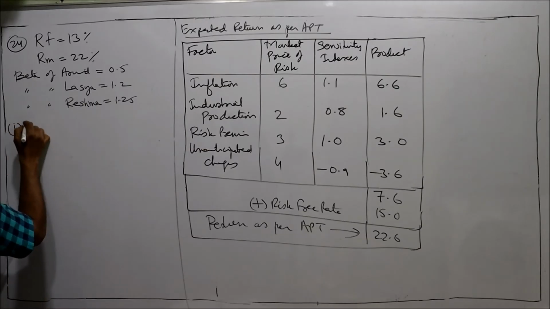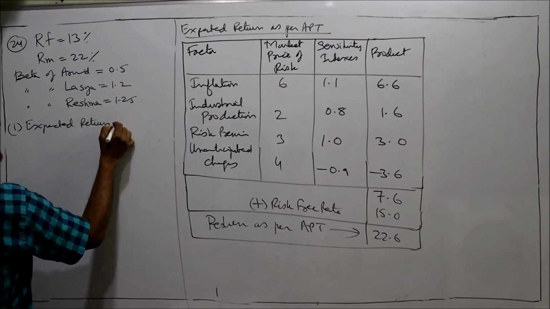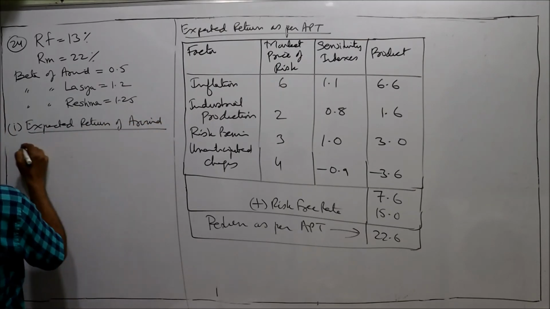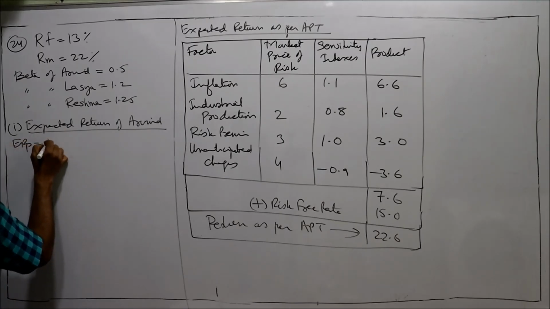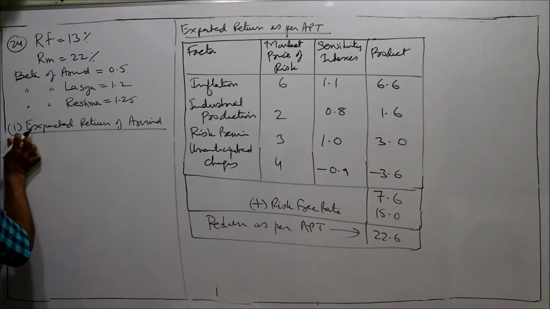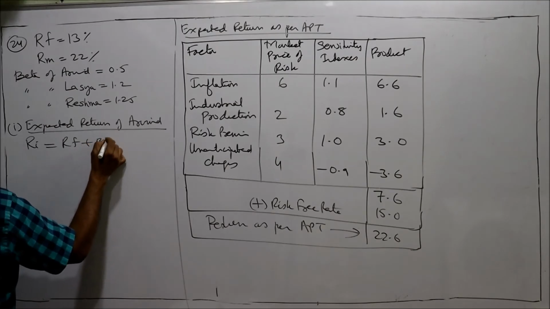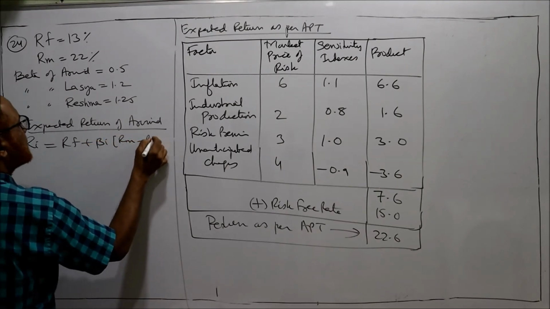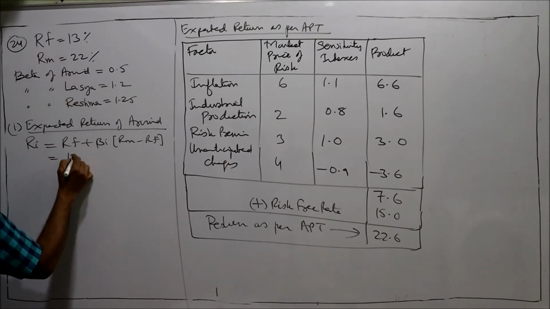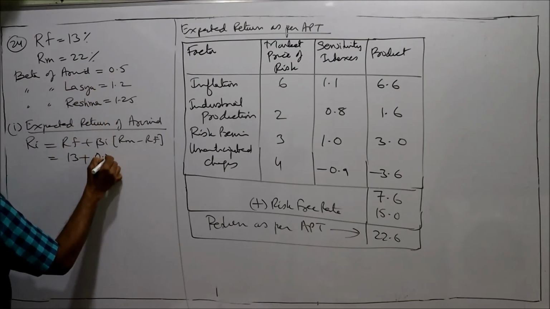First question: expected return of Arvind. Ri is equal to RF plus beta i into RM minus RF. Now see, we have to find the return. What is the risk-free rate? 13%. Beta of Arvind is 0.5.